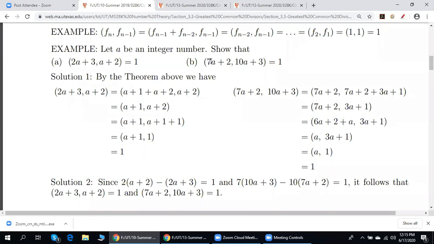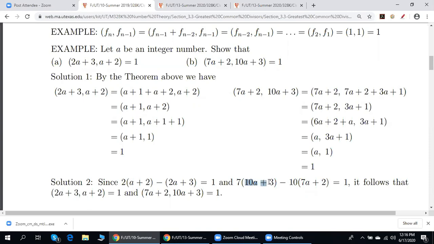Similarly, in order to prove this, observe that 7 times this, which is over here, minus 10 times this, which is over here, is again equal to 1. And now, conclusion.